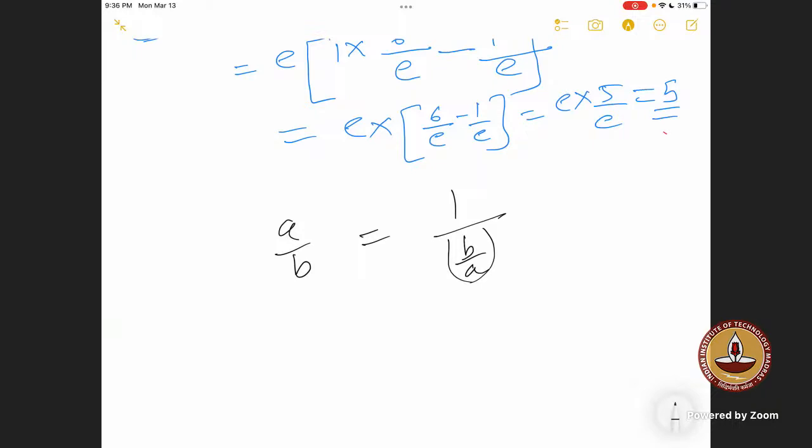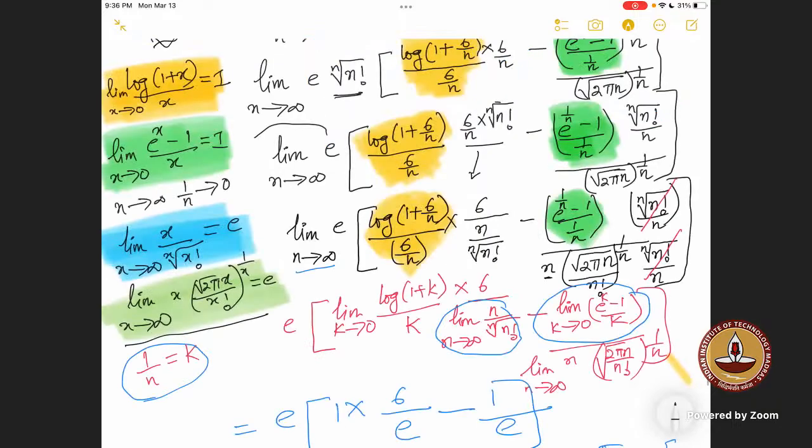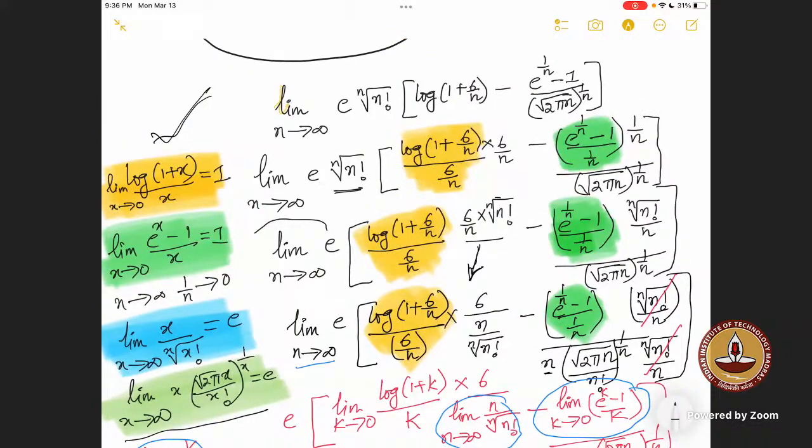Yes, sir. I can write 1 upon b by a. Yeah, that is what I have written. See, it is nth root of n factorial by n. You consider it as a by b. I have written it as 1 by b by a. Have you understood that shift? Sure. Thank you, sir.